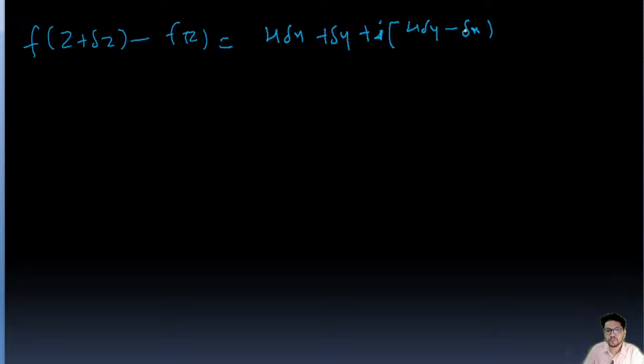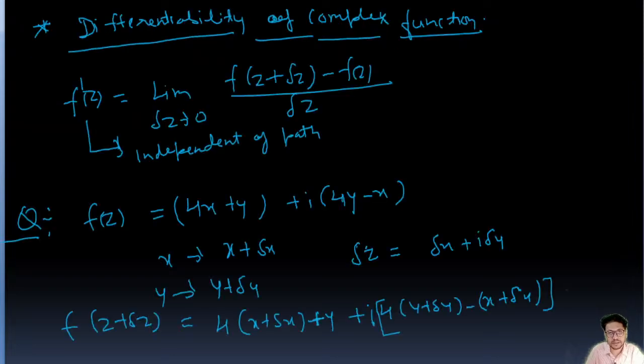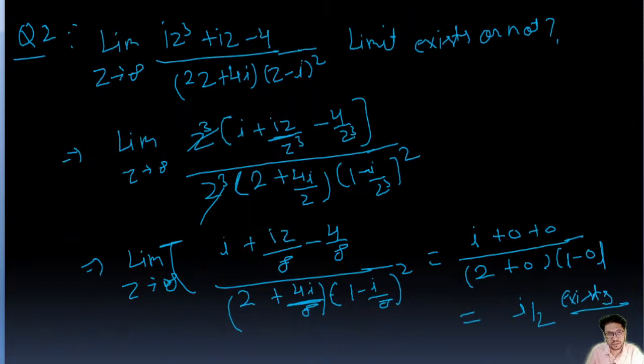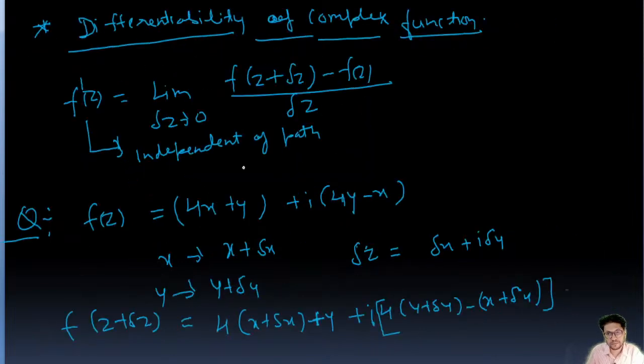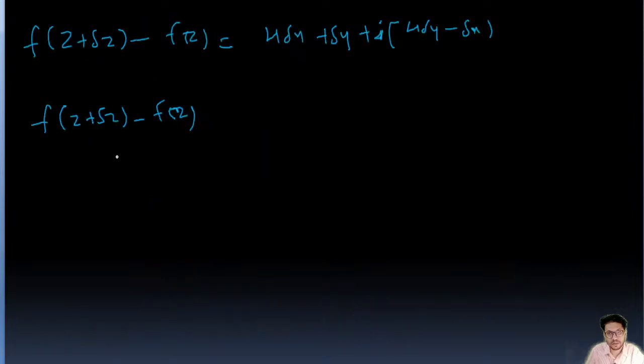Now f(z plus delta z) minus f(z), because this is the condition for differentiability, right? So we'll find this value upon delta z. Very simple.